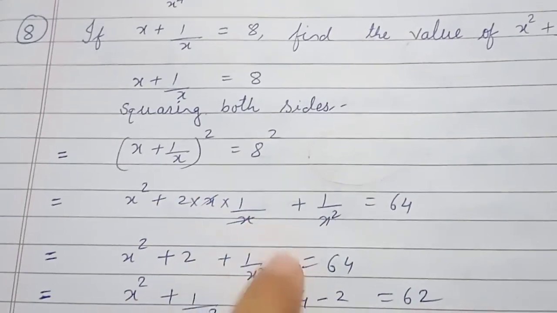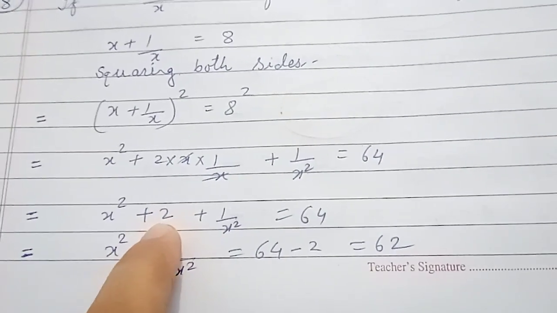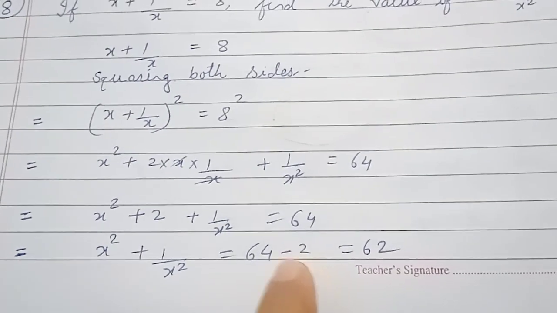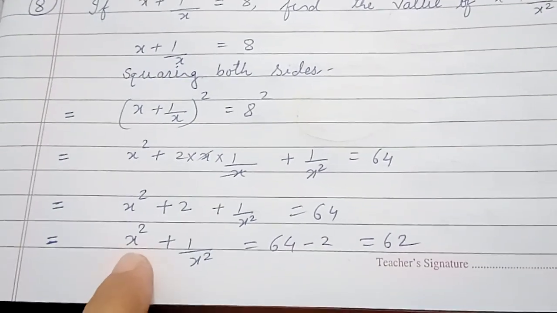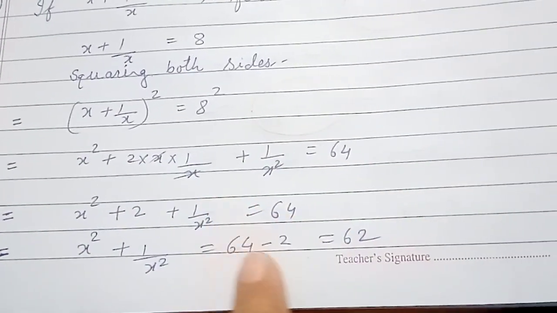So x cancels out, only 2 is left. When plus 2 is transposed to the other side, it becomes minus 2. So it is 62. So you get the value of x square plus 1 by x square.